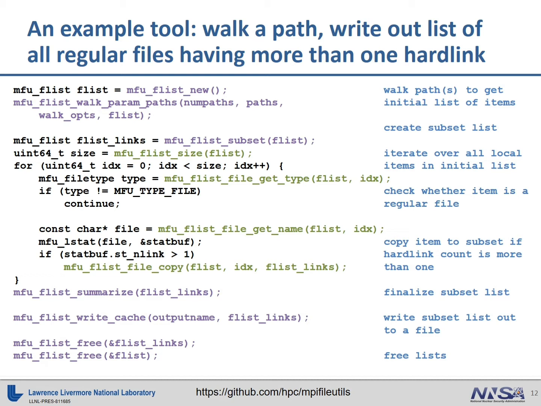Finally, when each process is done with its for loop, we call a summarize. The summarize is a collective across a set of processes that computes global information about the list, for example, the total count of items in the global list. We then write the list of hard link items out to a file and then free off the list.